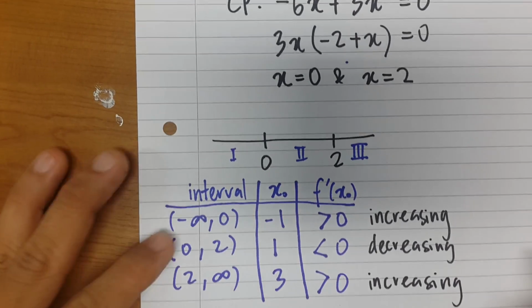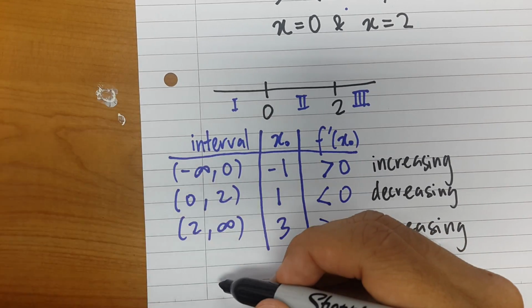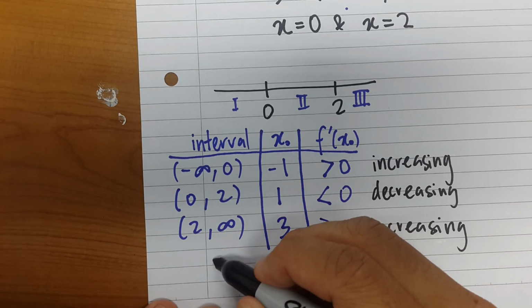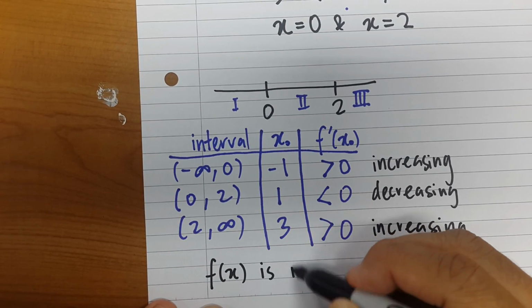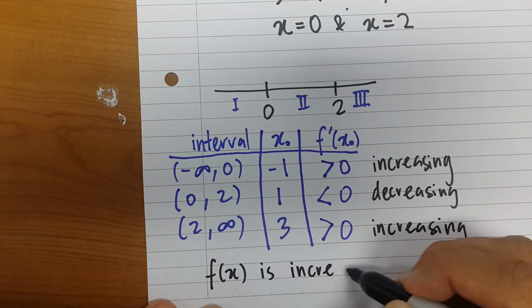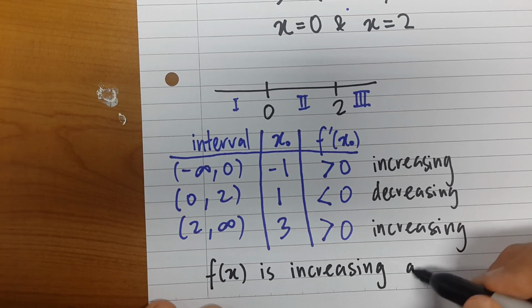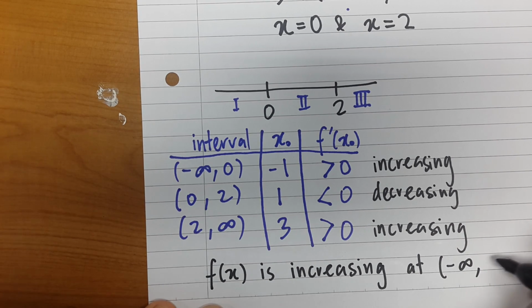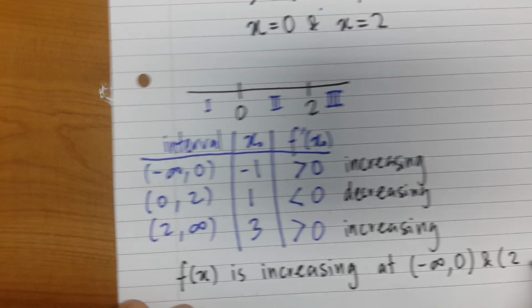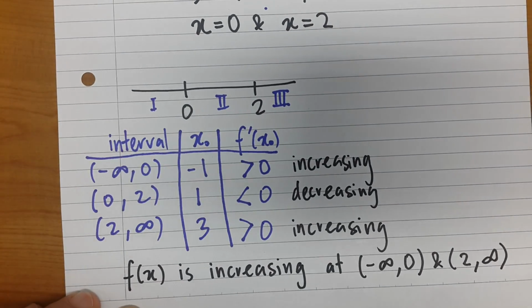Right? So we write our conclusion here: f(x) is increasing on the intervals negative infinity to 0 and 2 to infinity.